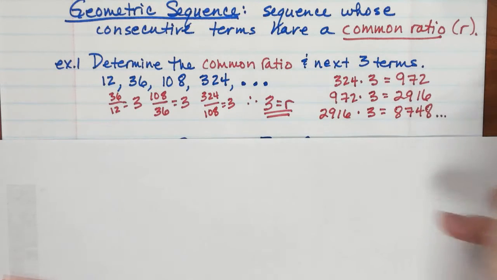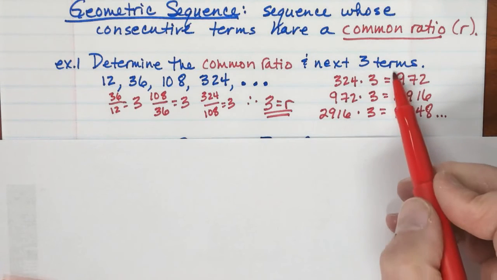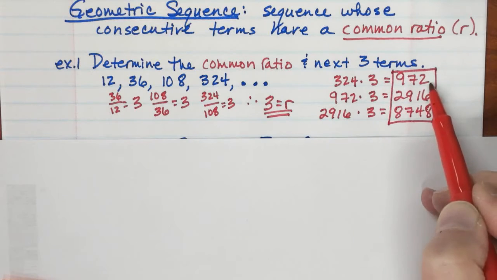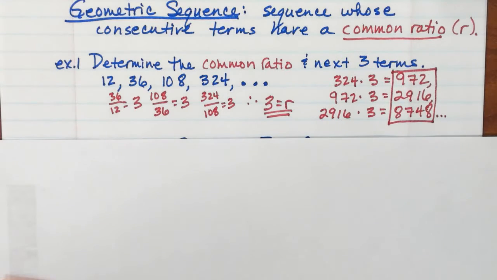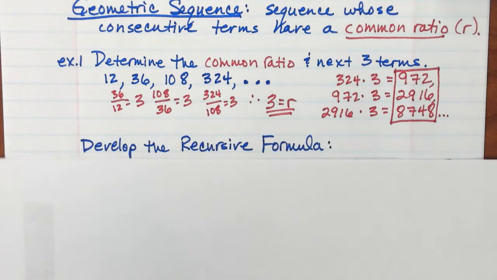And that goes on, right? But I only asked for the next three terms, so you would give me those three terms, and you would tell me that the ratio is 3.